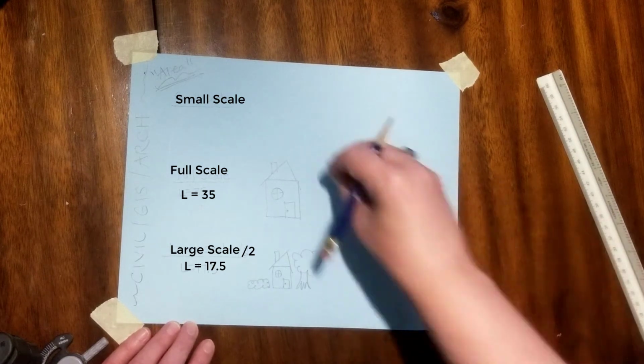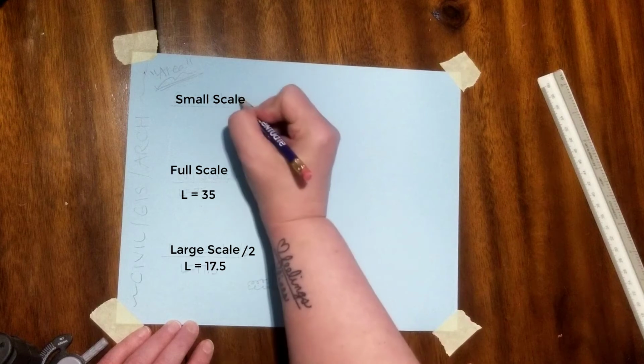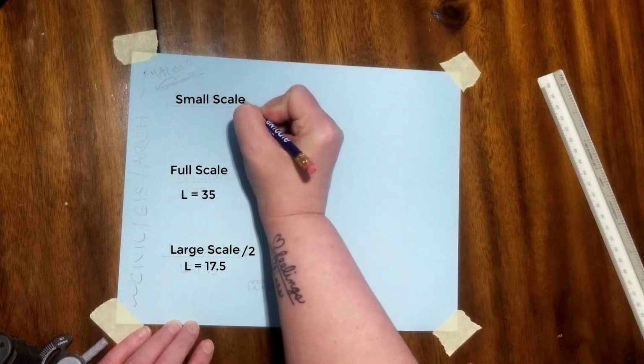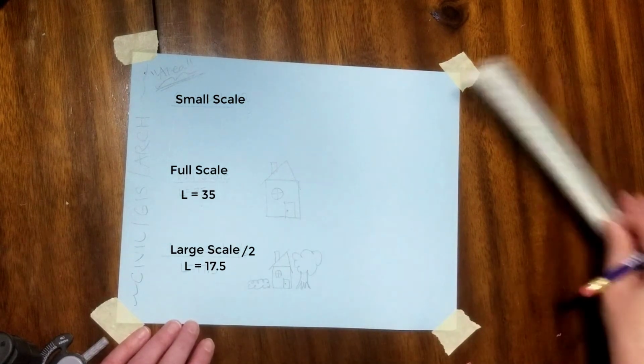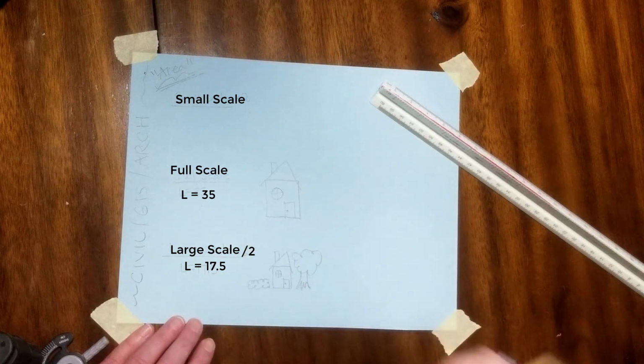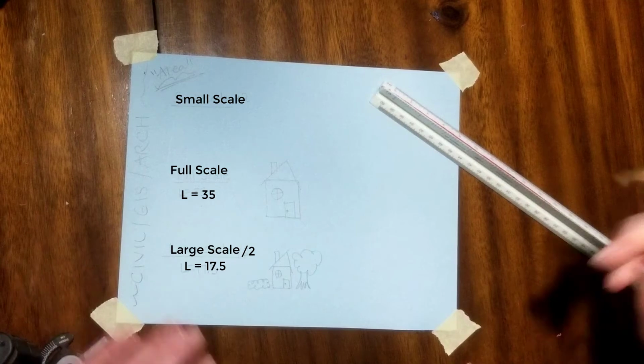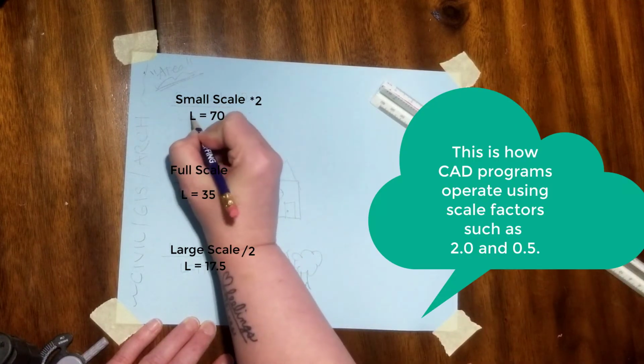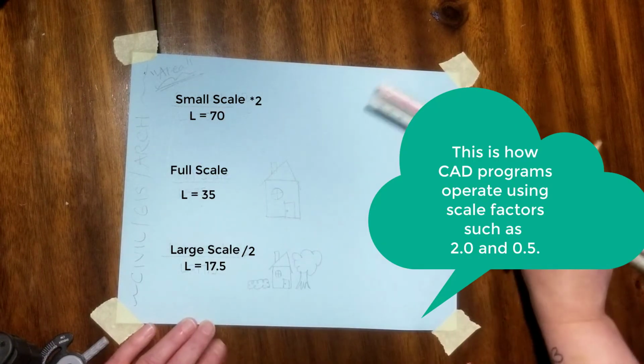But if I want to zoom in on something, then the length of this line is going to be bigger because I'm going to focus in on something. So now the length equals 70.